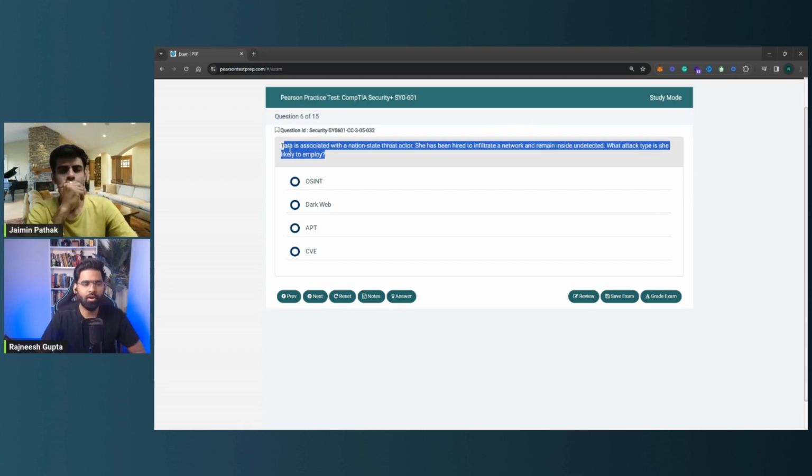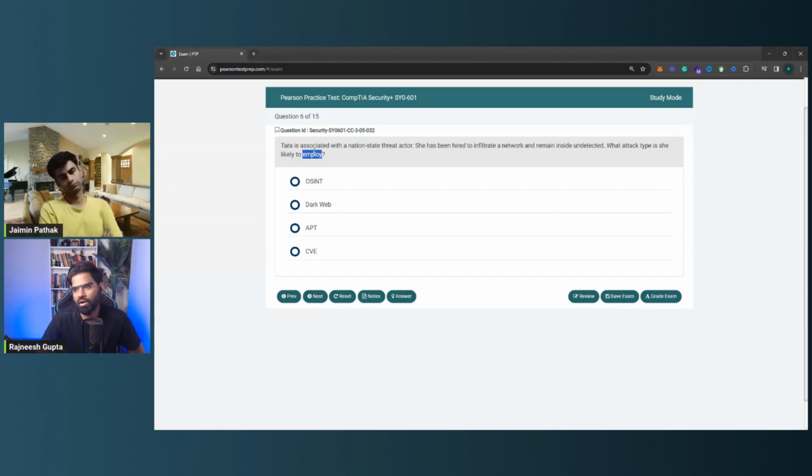So when you talk about remaining undetected in the network, this is a pattern of advanced persistent threat, right, Jamin? So this is very, very important. Dark web is the web which is not accessible for many organizations or many people as well. So the answer should be advanced persistent threat, because this is the category of attack where the threat remains in the network for a prolonged period. Correct.